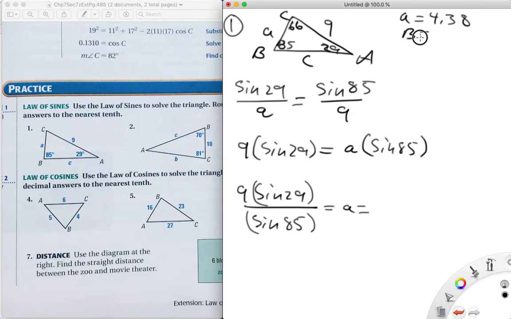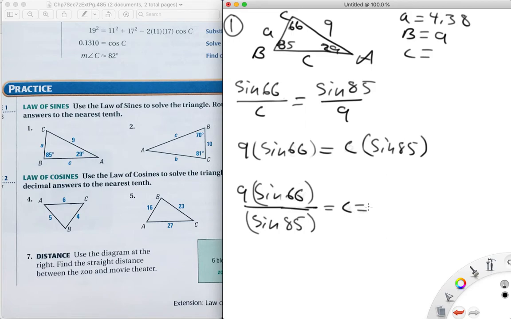B is equal to 9. We already solved the two angles, so now we have to find C. Alright, I'm still going to keep the sine 85 and 9. But on this side, finding C is going to be sine 66 over C. So this is going to be C. This is going to be 66.